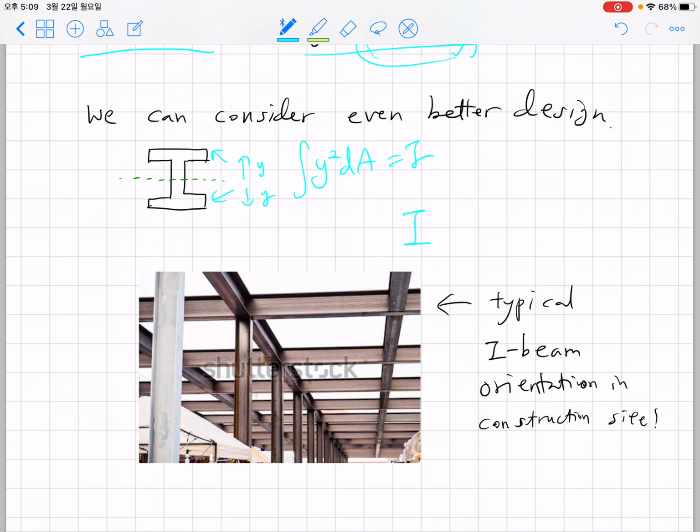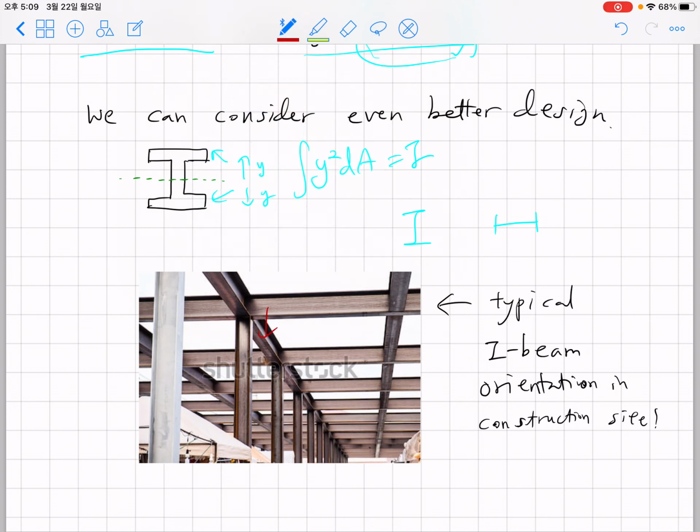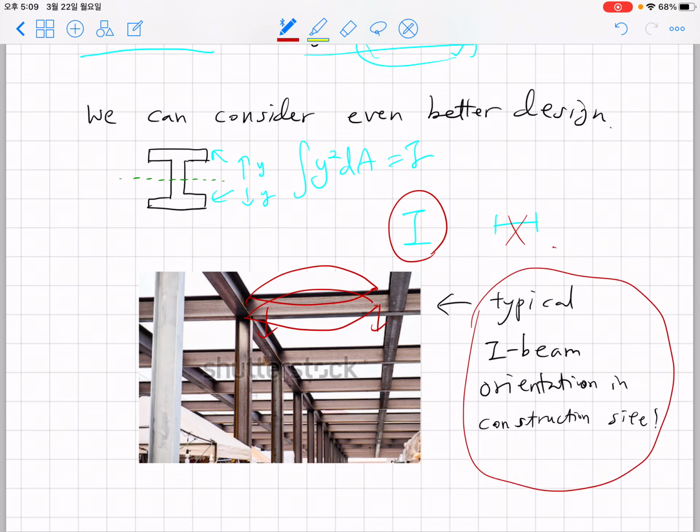You never see an I-beam oriented in this way, because the I-beam is designed to hold gravity here, and it must resist the bending here or bending there. So to resist bending in the vertical direction, we have to orient the I-beam this way instead of that way. And you can find this example at a lot of construction sites.